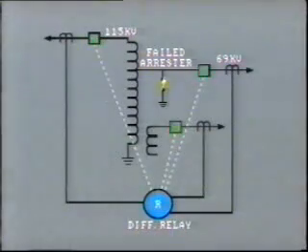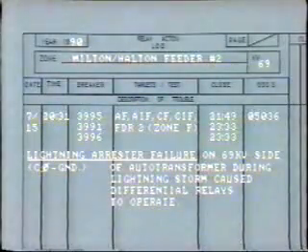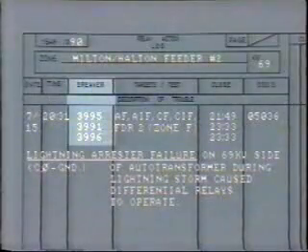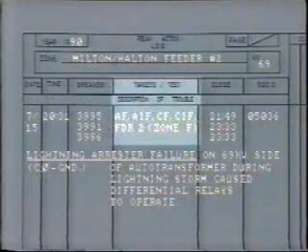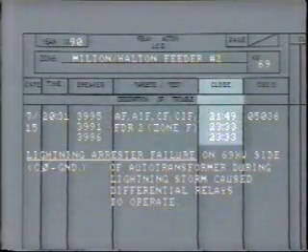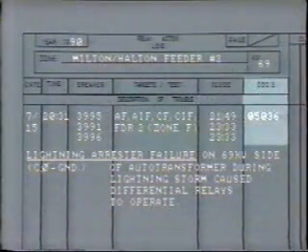This in turn tripped all 3 breakers, primary, secondary, and tertiary, to completely isolate the fault. The actual information logged includes the date and time of the relay action, the numbers of the breakers involved, the relay targets, the time each breaker was closed, and the number of the pertinent oscillograph recording.